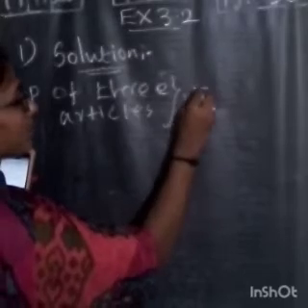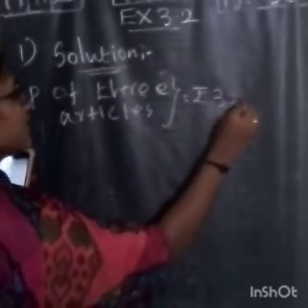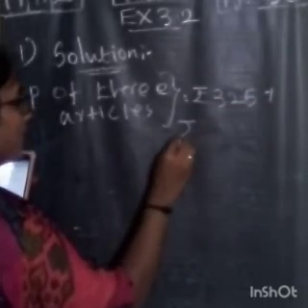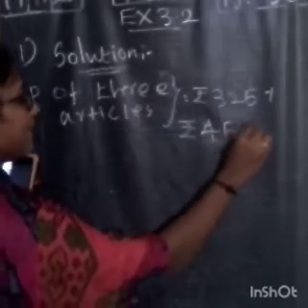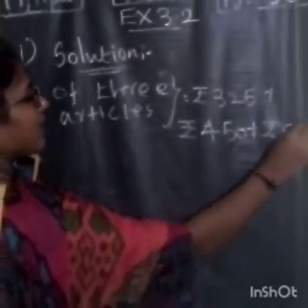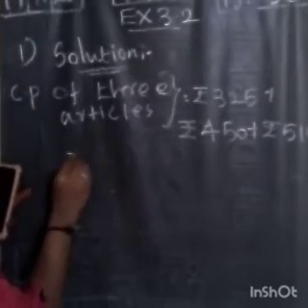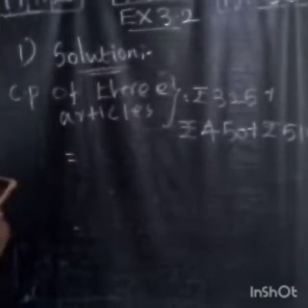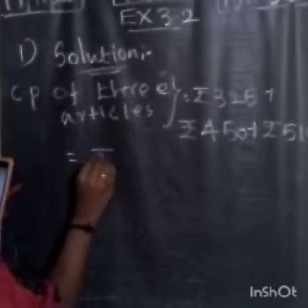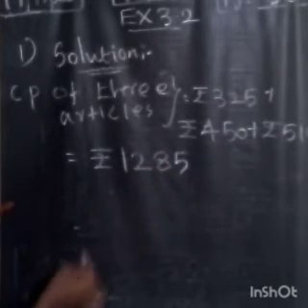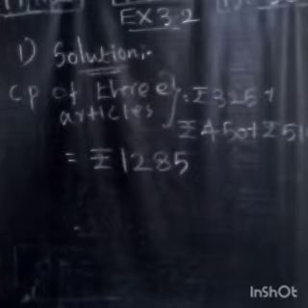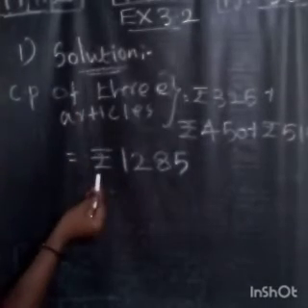Here we are adding all these values, so we get rupees 325 plus rupees 450 plus rupees 510, which gives rupees 1,285.